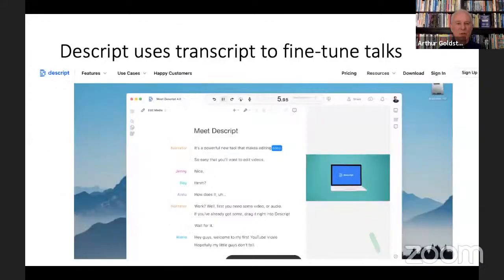Then there's a tool called Descript that takes the transcript of your talk. So you prepare a talk, you rehearse it, Descript takes the transcript that you might have generated from Otto, for example, and then tells you where you can fine-tune the talk and improve it.